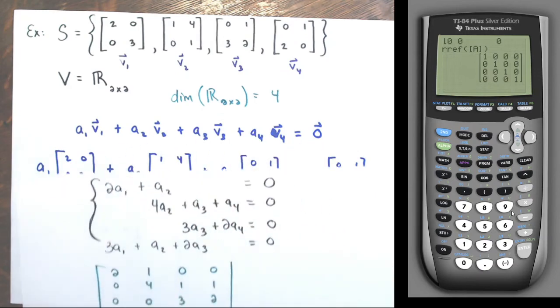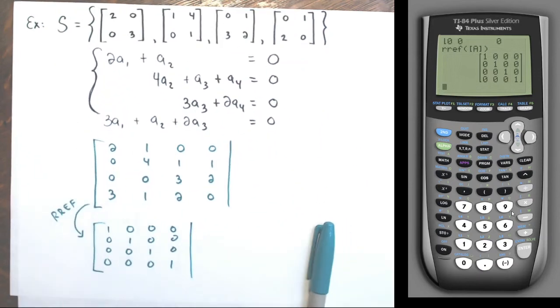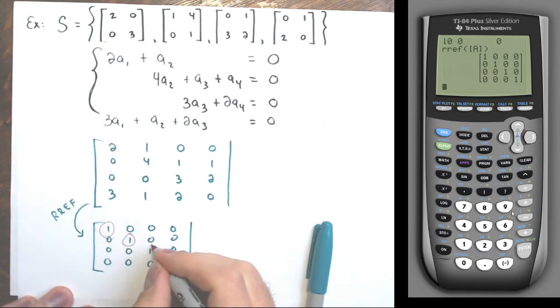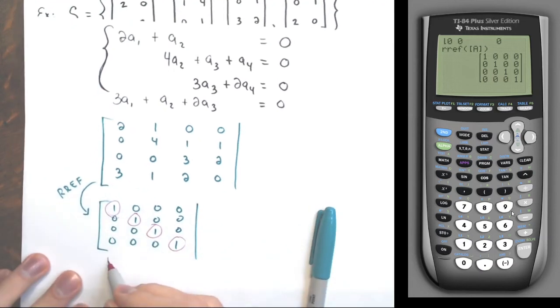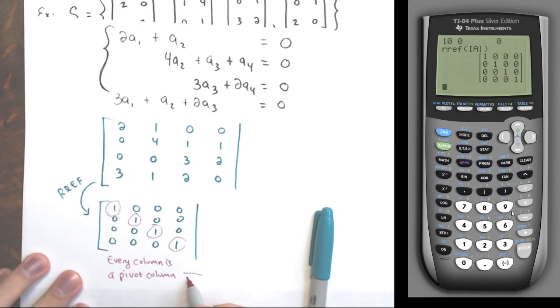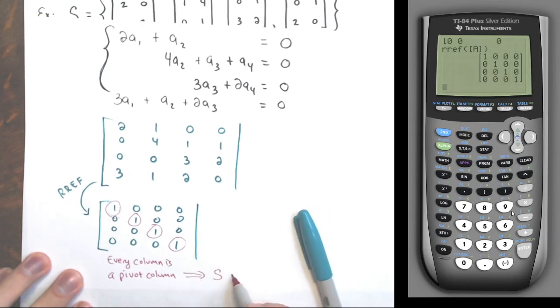So these are independent. Another way to think about that is to look at every column. Every column has one of these leading ones in it. Every column is a pivot column. So we have S is independent.